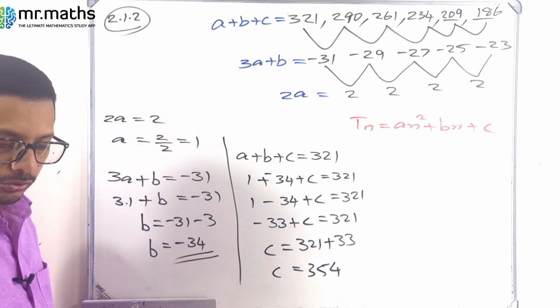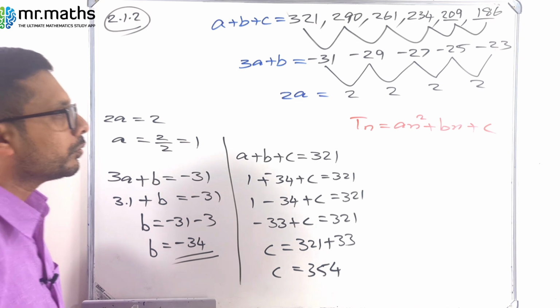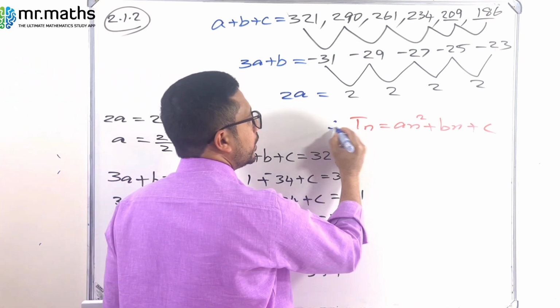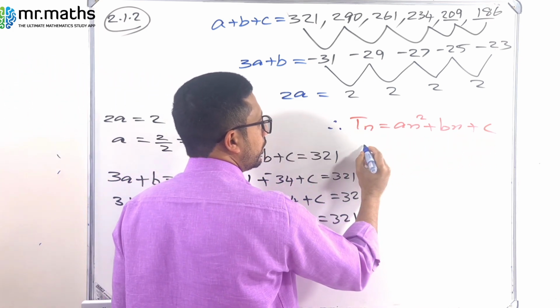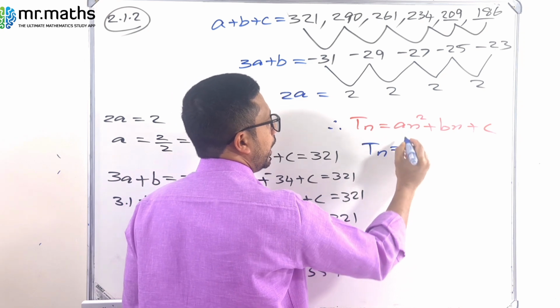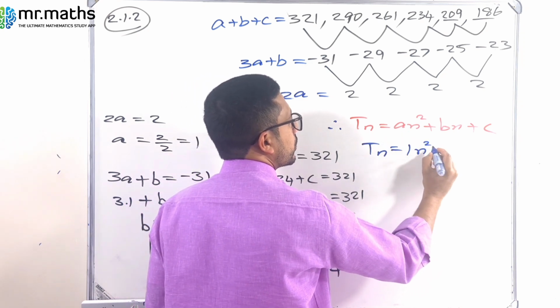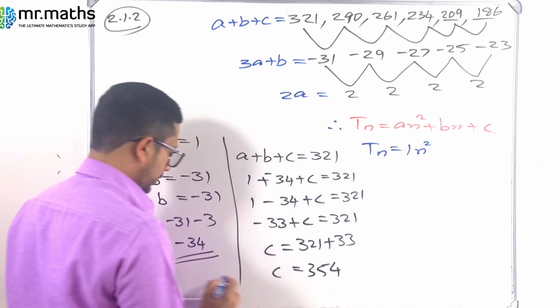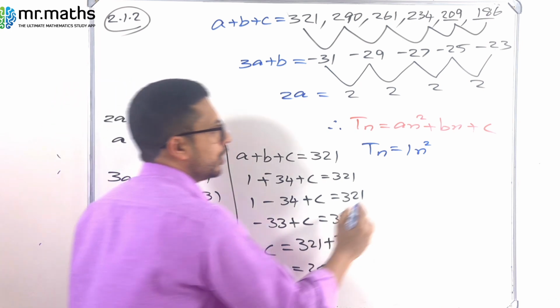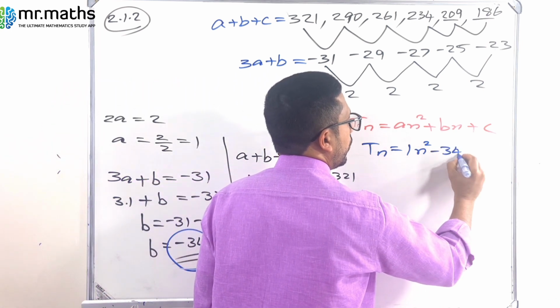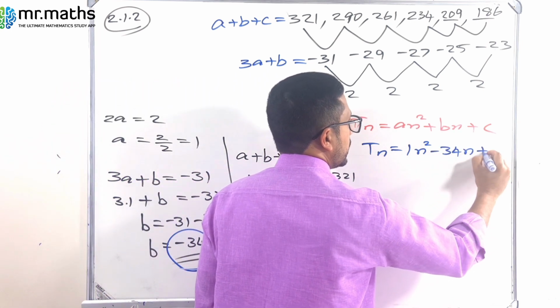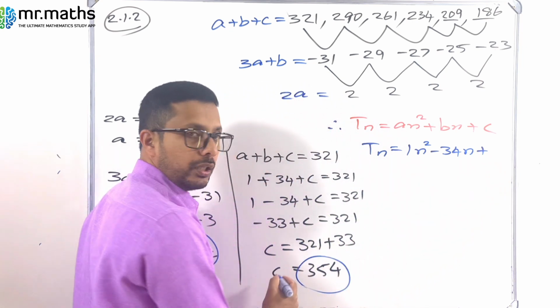So now what we have to do? We have to substitute in this equation. Therefore Tn is equal to an square plus bn plus c. So Tn is equal to, a value is 1 n square, b is minus 34, so minus 34 n, then what is c? c is 354.